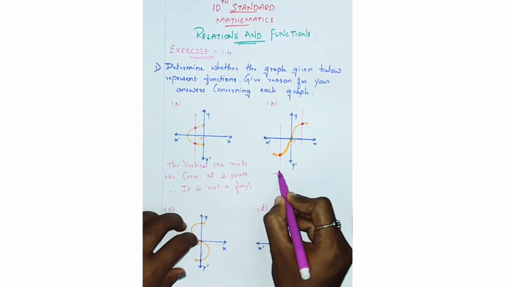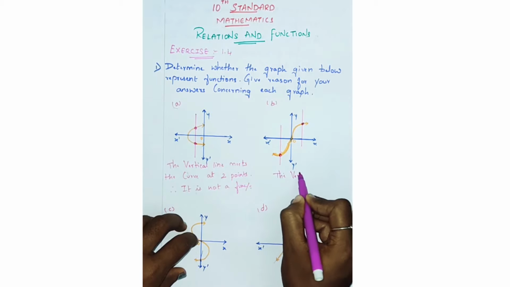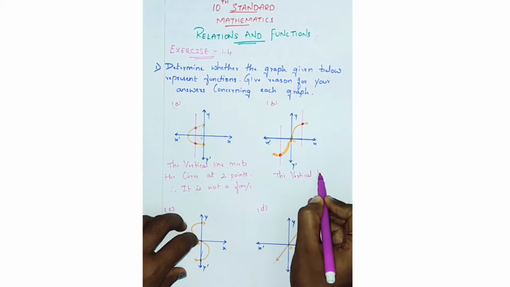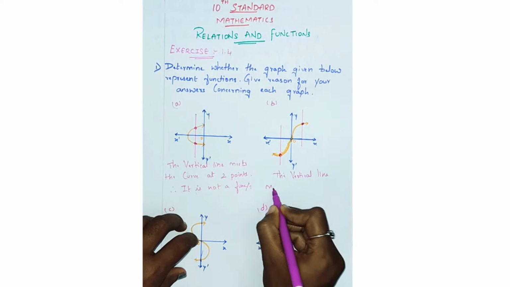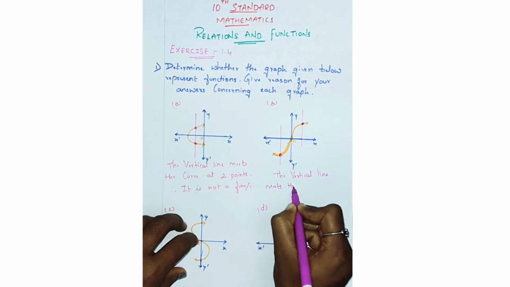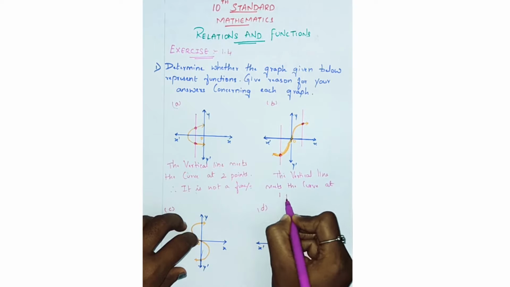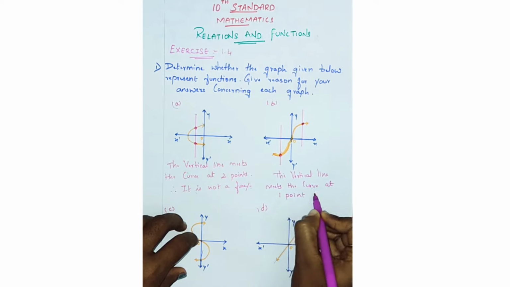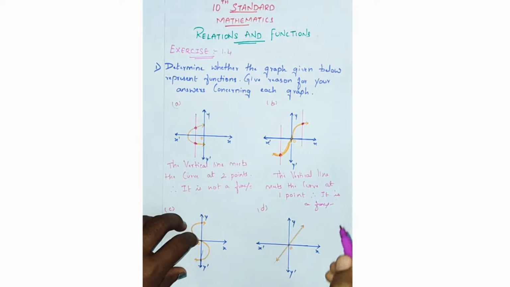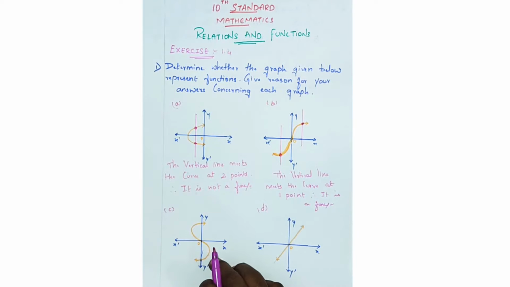The vertical line meets the curve at 1 point. Therefore, it is a function. Got it?